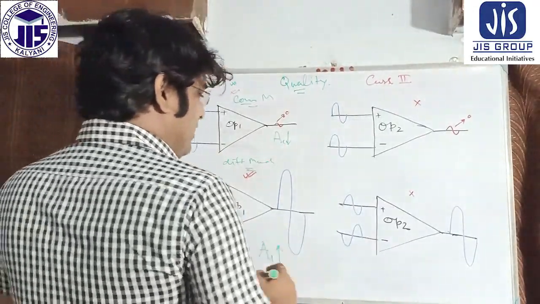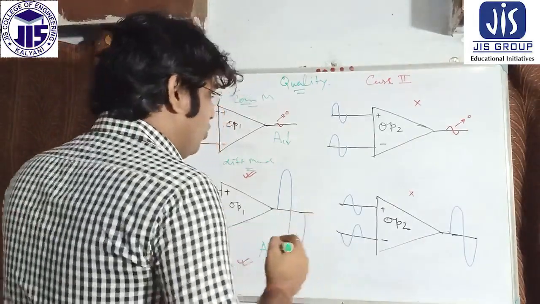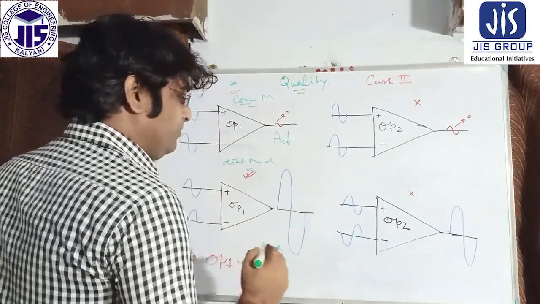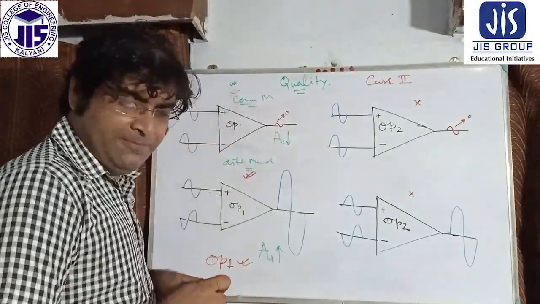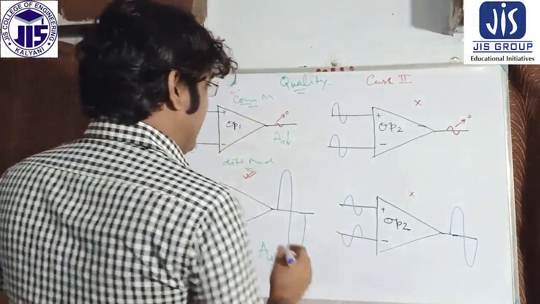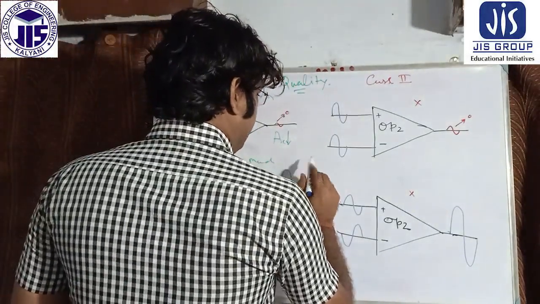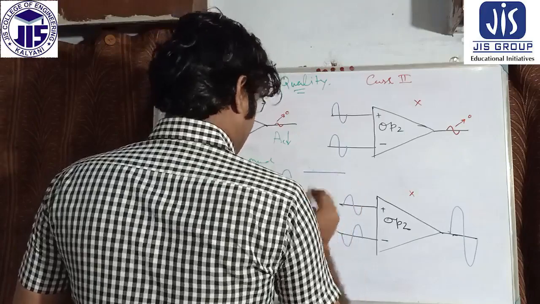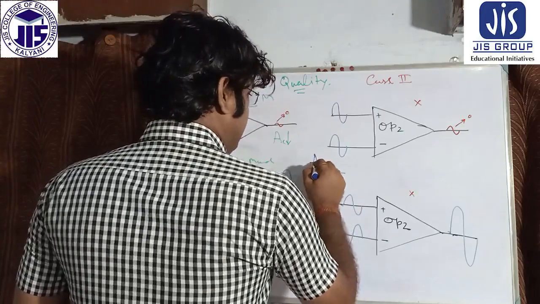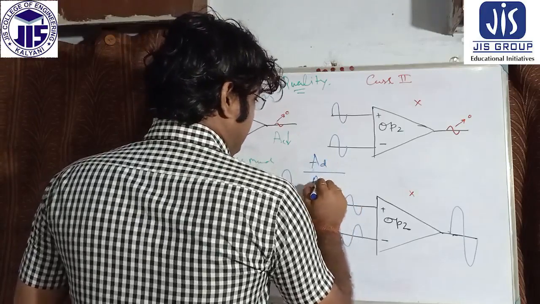Now if we go for a ratio representation of this, that is, AD by AC.